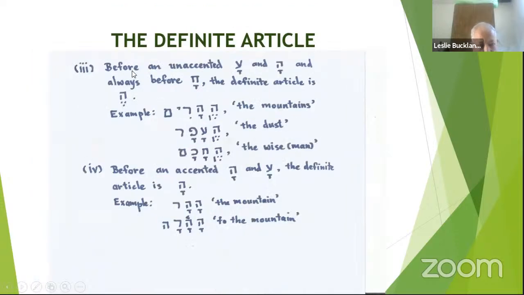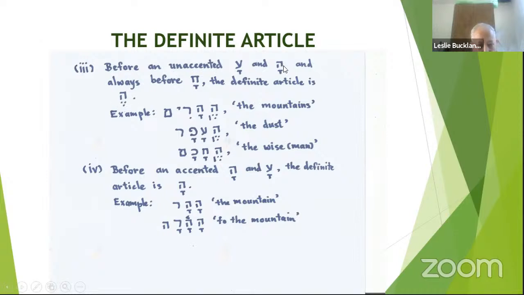Another rule about the vowel underneath the he of the definite article is that before an unaccented ha and ah, and always before ah, the definite article is he. In this case, the definite article takes a segol, a short e sound.